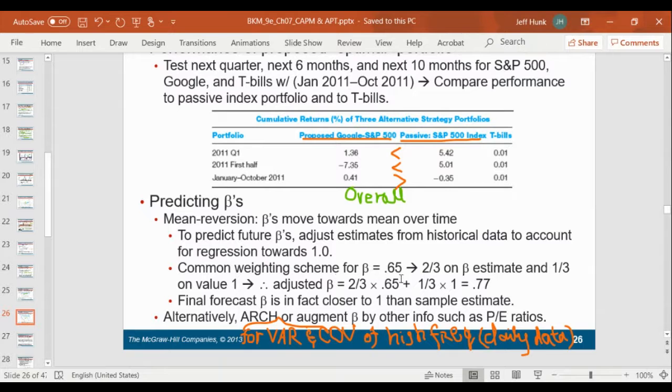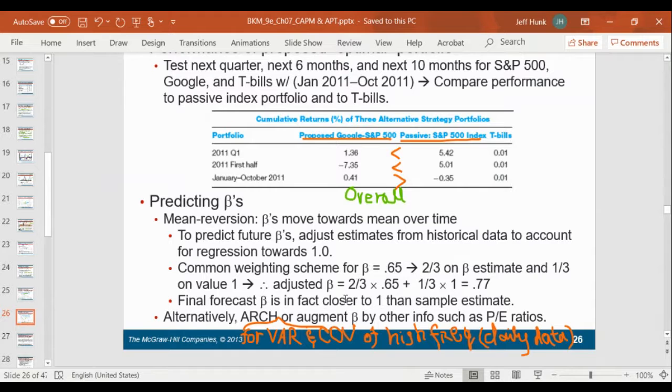The common weighting scheme is usually to allocate 2/3. If beta is 0.65, it's just an example, we allocate 2/3 weight on the beta estimated and 1/3 on the market beta of 1.